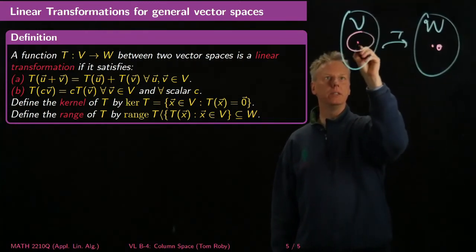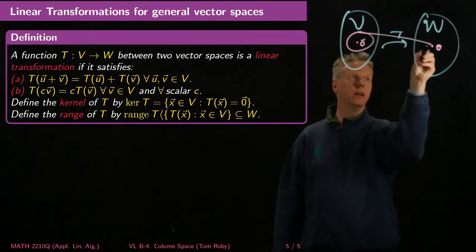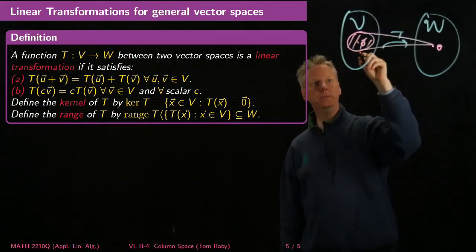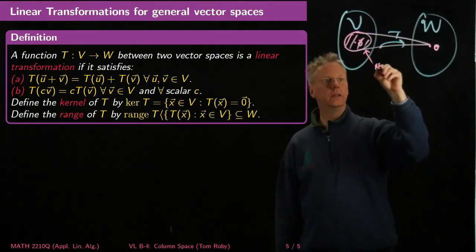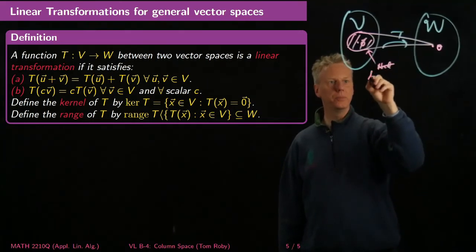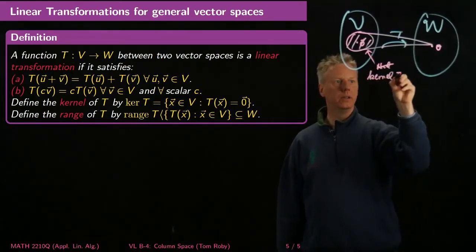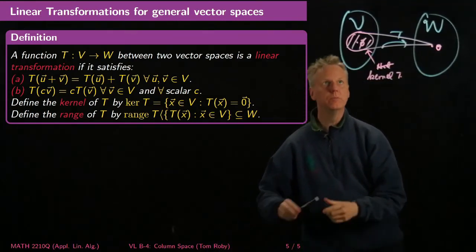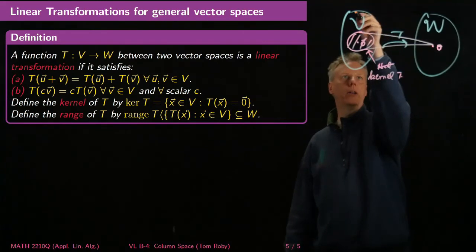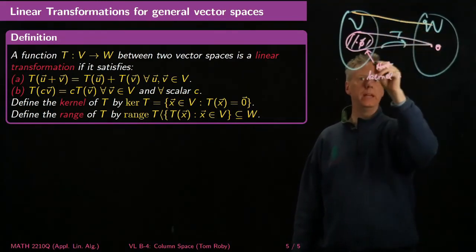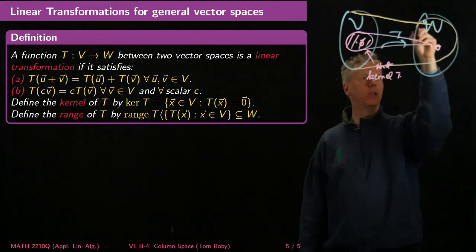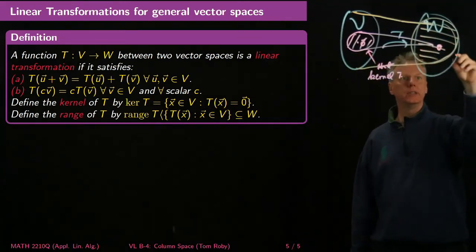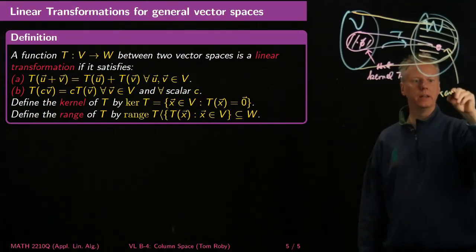And anything that goes to 0, including the 0 vector here, that's the kernel of T. Sorry, not the null space, the kernel of T. On the other hand, you can look at everything that you mapped to throughout all of V. And so that could be maybe all of this stuff. Of course, it'll have to include 0 because it's a subspace. And so that will be what's called the range of T.